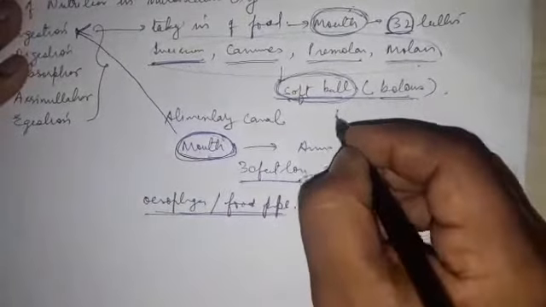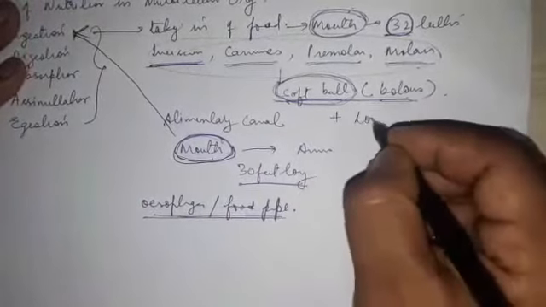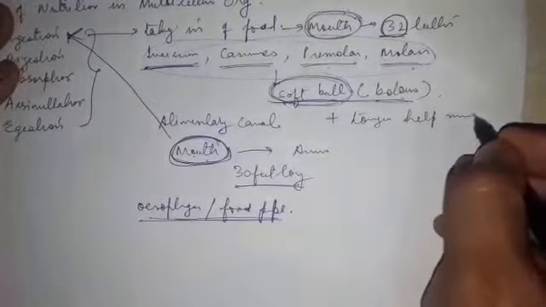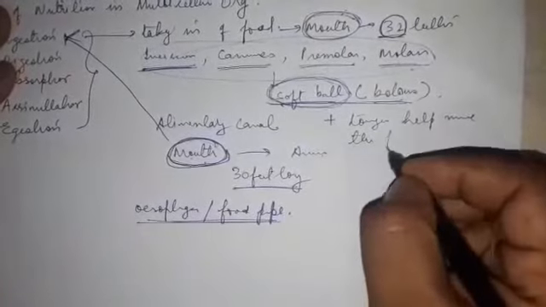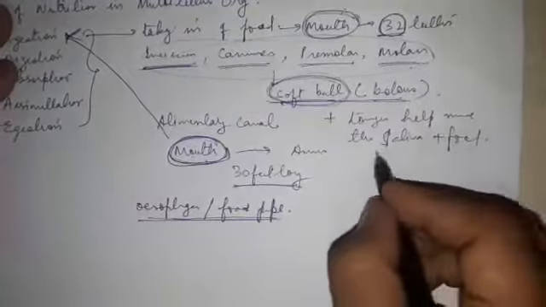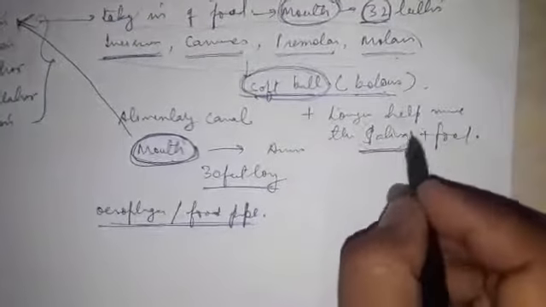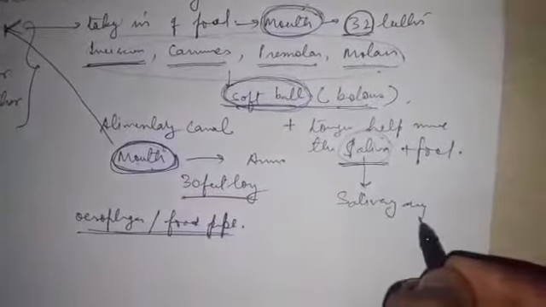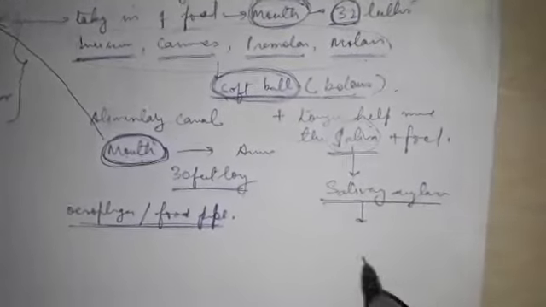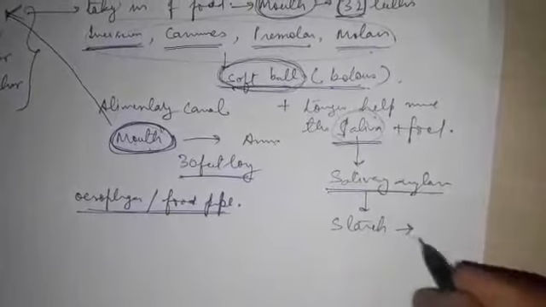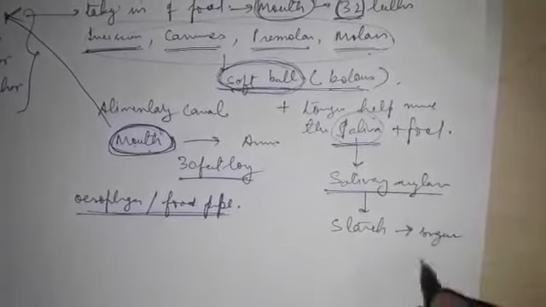And very important, the tongue helps to mix the saliva with food. Now this saliva is a watery liquid which has the enzyme salivary amylase, which acts on starch and converts it into sugar.